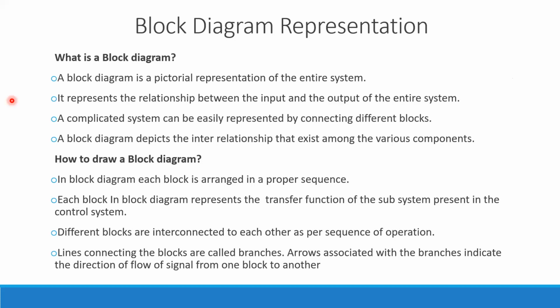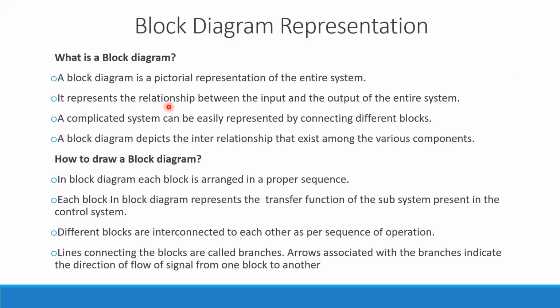In such conditions we represent this physical system with the help of a block diagram. A block diagram is a complete diagram of the complete system, and it represents the relationship between the input and the output of the entire system.